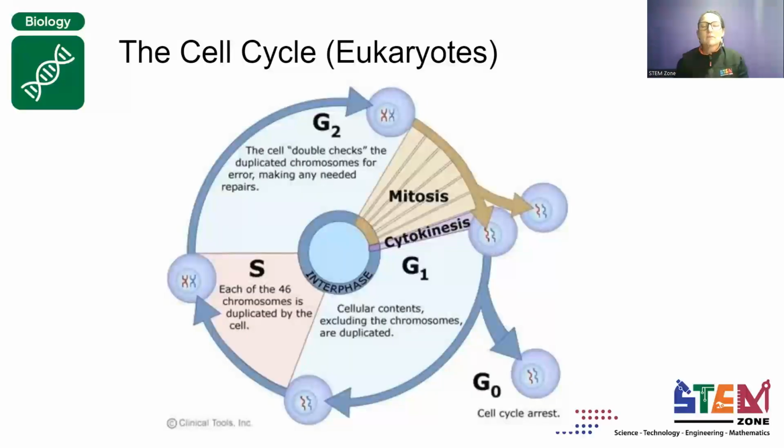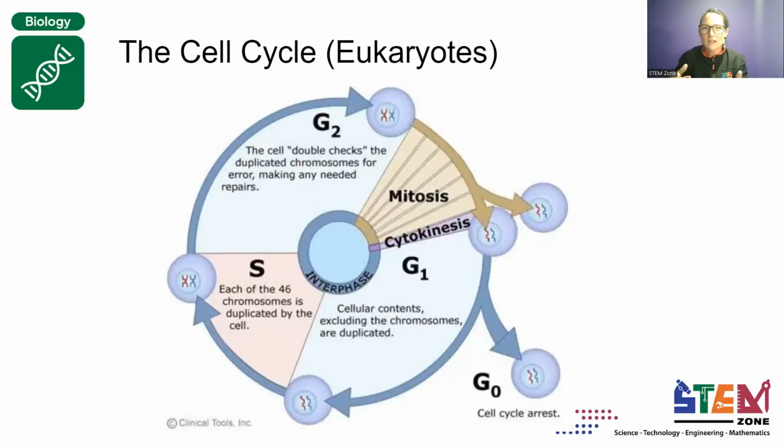So, for example, you can see on the diagram here we've got two daughter cells on the right-hand side. So let's say that this is the start of our cell's life. You've gone from having one cell that's split into two smaller ones. So part of the next phase of its life is to grow. It's called growth 1.